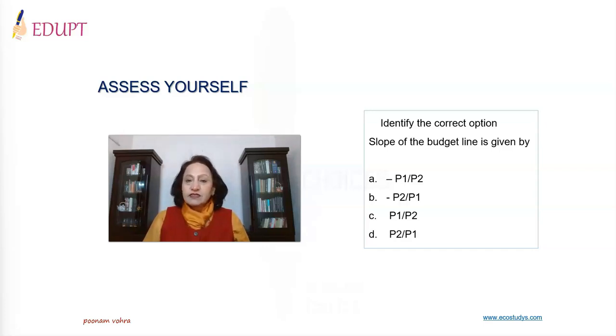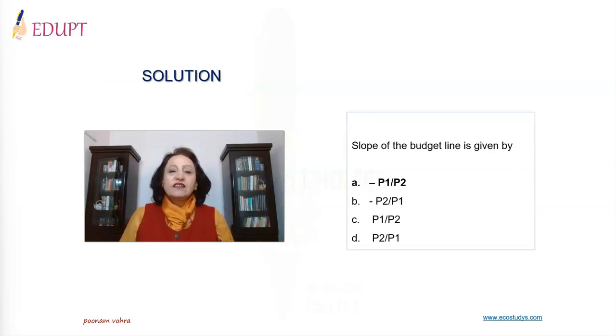The statement is, the slope of the budget line is given by A, minus P1 by P2, B, minus P2 by P1, C, P1 by P2, and D, P2 by P1, where P1 is the price of one good and P2 is the price of the second good. Please check your answer. The correct answer is option A. The slope of the budget line is given by minus P1 by P2.